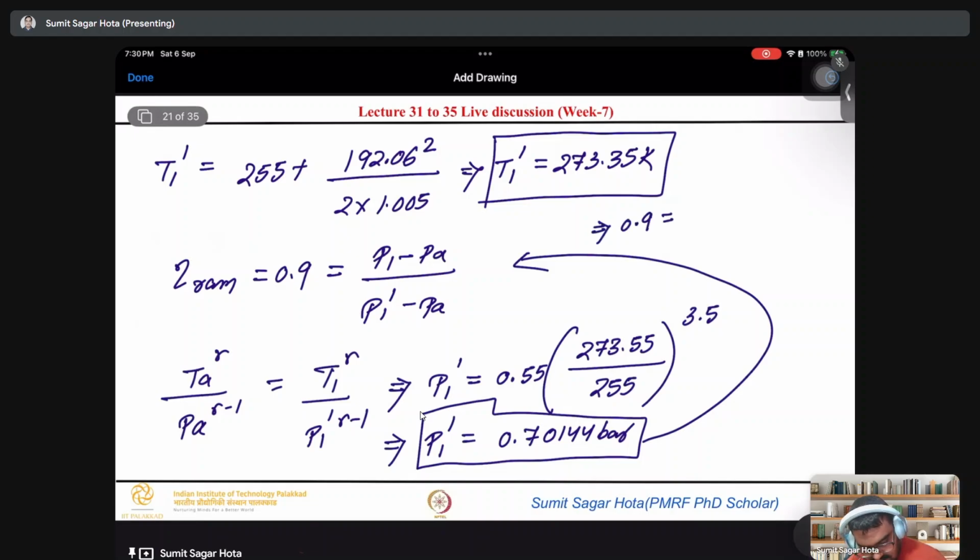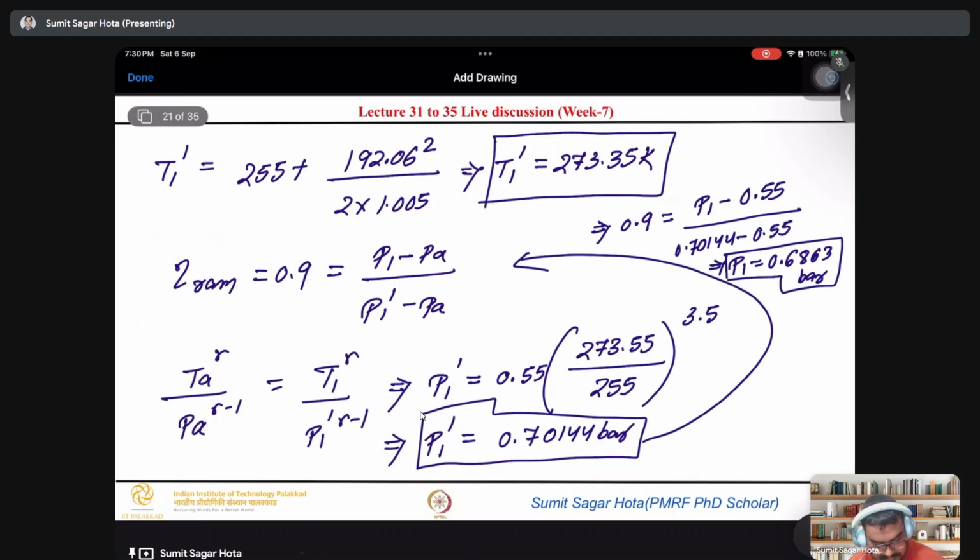So 0.9 equal to P1 minus 0.55 divided by 0.7014 minus 0.55. So P1 is equal to 0.6863 bar.